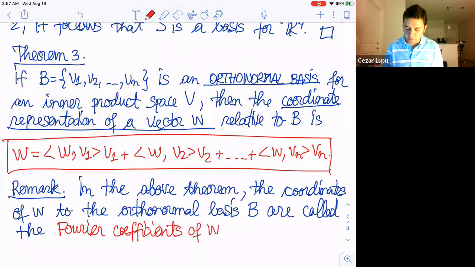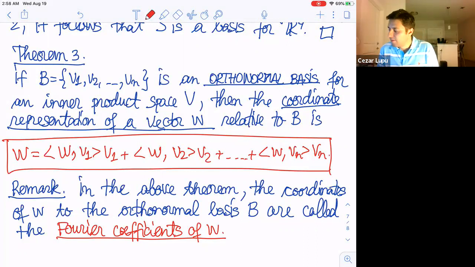This name Fourier comes from Jean-Baptiste Fourier, a French mathematician. He made an extraordinary discovery more than 200 years ago, which is called these days the Fourier series.